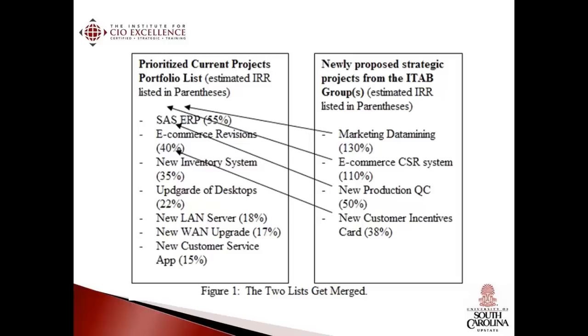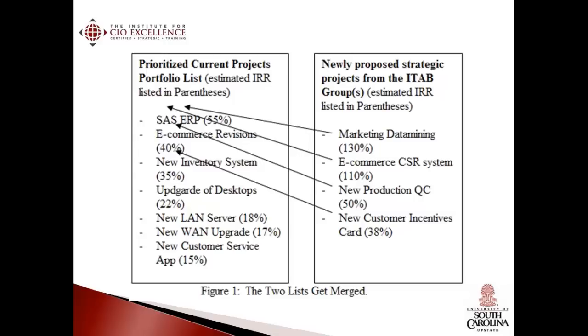So let's say that we have a SaaS ERP implementation, and what I put in parentheses here, just for the sake of comparison, is the estimated internal rate of return for each of these projects. So the SaaS ERP has a 55% estimated internal rate of return.